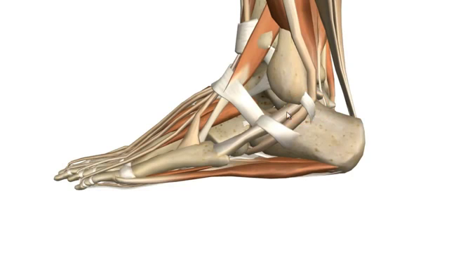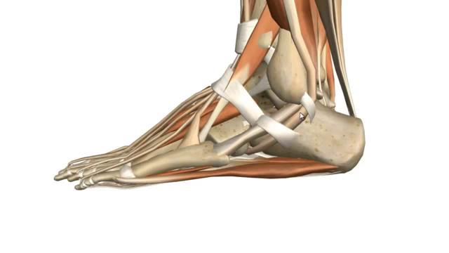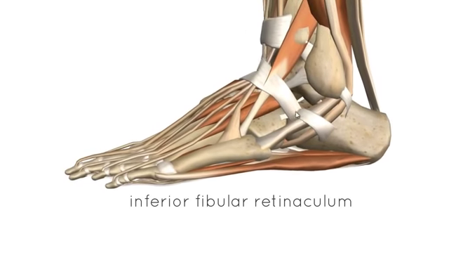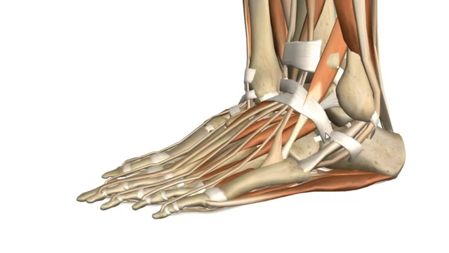These two retinacula hold the peroneal tendons in place, the tendons of the peroneus longus and peroneus brevis, or fibularis longus and fibularis brevis. The inferior fibular retinaculum you can see here, and it blends with the inferior extensor retinaculum. You can see that here.